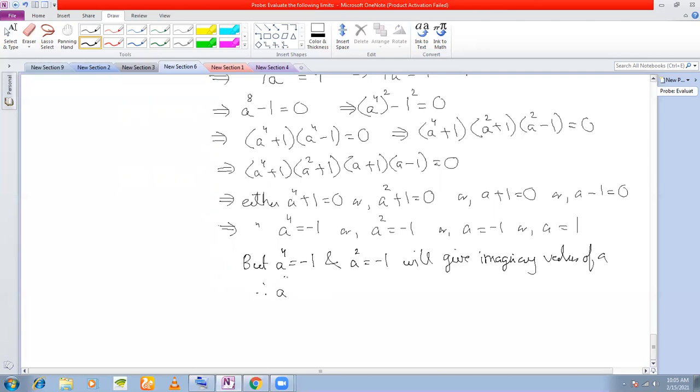Therefore, a to the power of 4 is equal to minus 1 and a square is equal to minus 1 are rejected. Hence, what do you have? a must be equal to 1 or minus 1. Okay, so only two values of a.